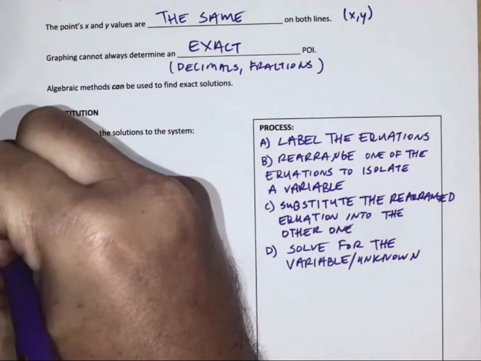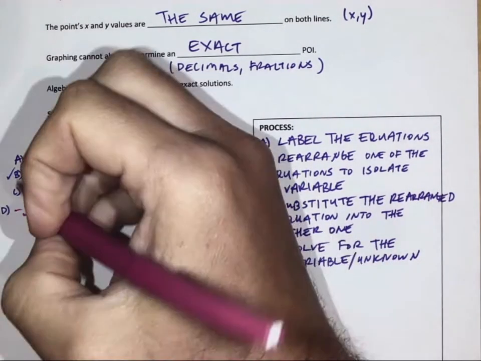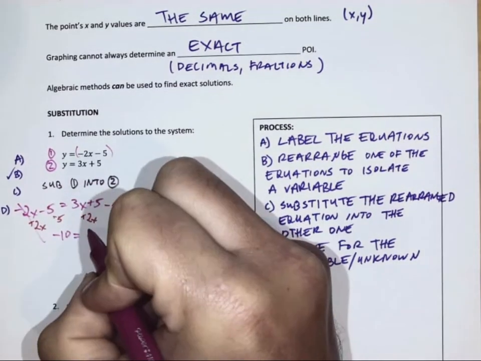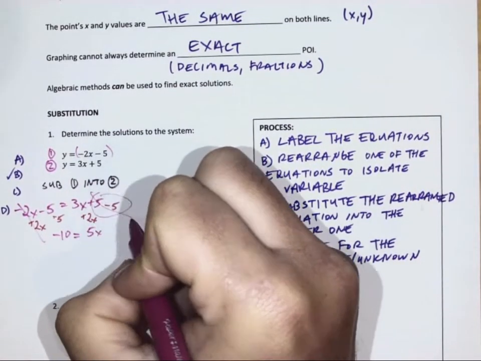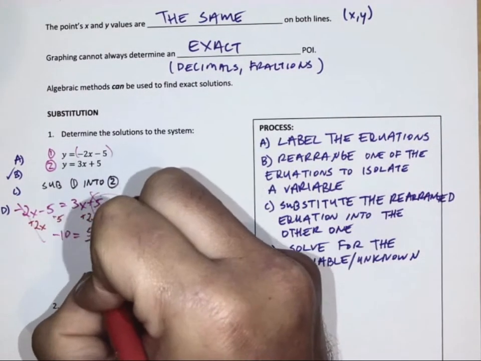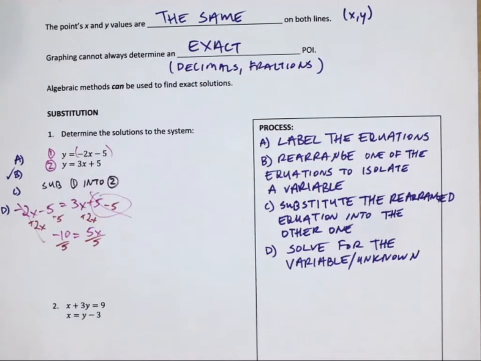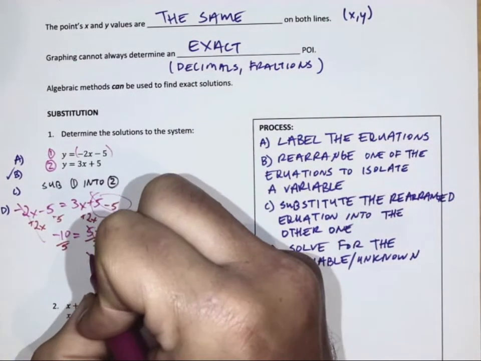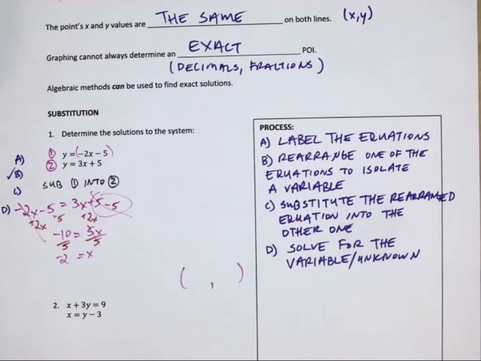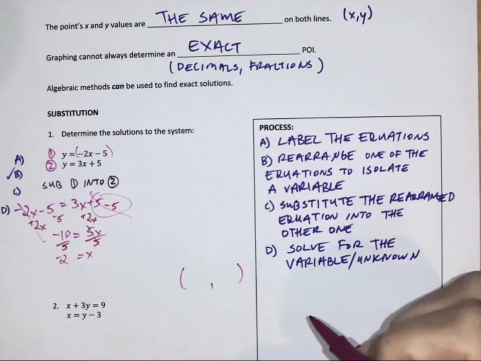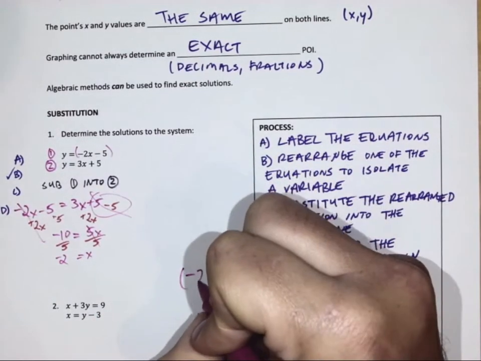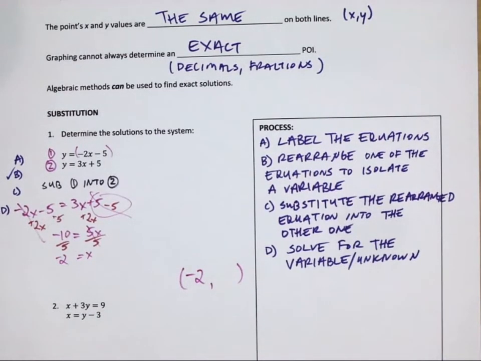So that's step B. Minus 5, take away 5 more is minus 10. 3x plus 2x is 5x. 5 take away 5 is 0. Continue to solve. Divide by 5, divide by 5. X equals negative 2. Remembering that the whole point is I'm trying to find a point, the x value of where those two lines cross is negative 2.